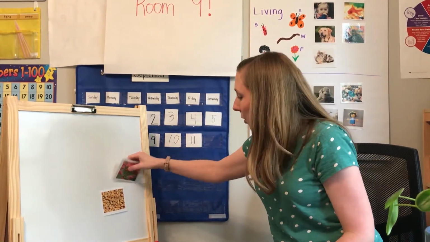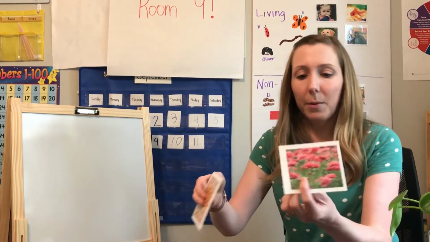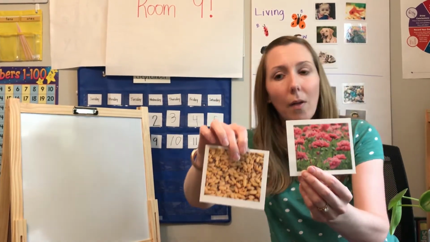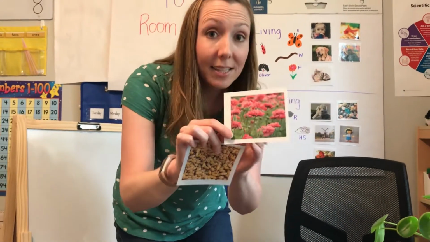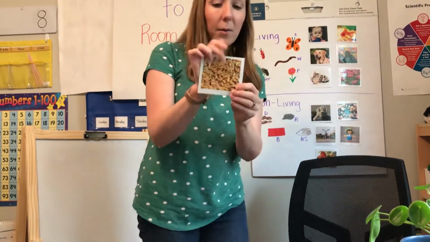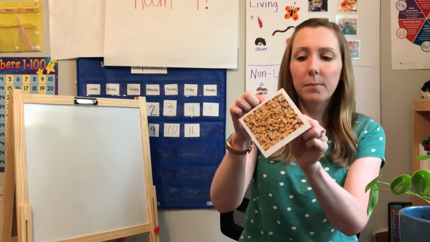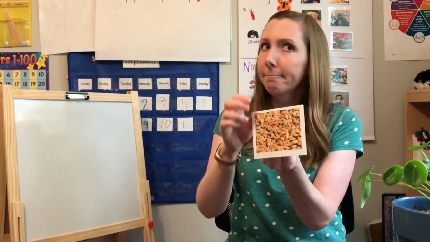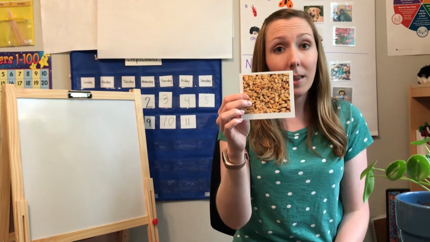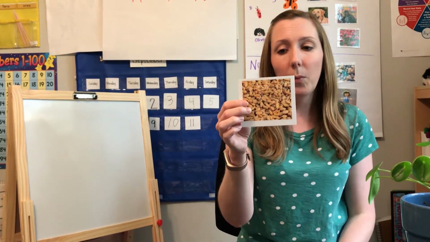And now we have two more. We have flowers, and we also have seeds. Well, our book told us that plants are living things, so I'm going to put it up here. But what about seeds? Do seeds move on their own? Nope, sometimes they might get blown by the wind, or like a dandelion seed, whenever you blow it, it might get blown by the wind.